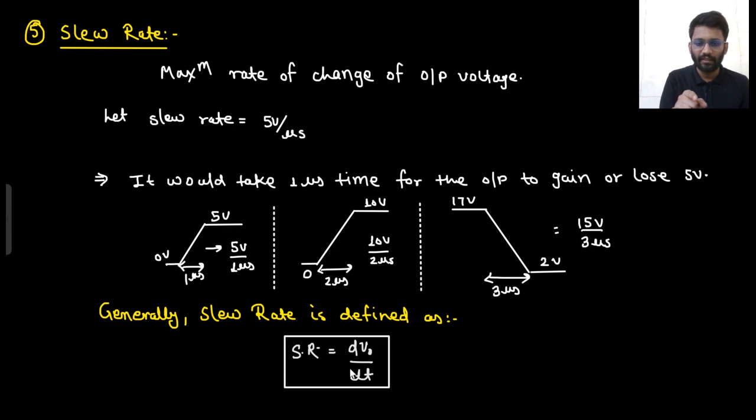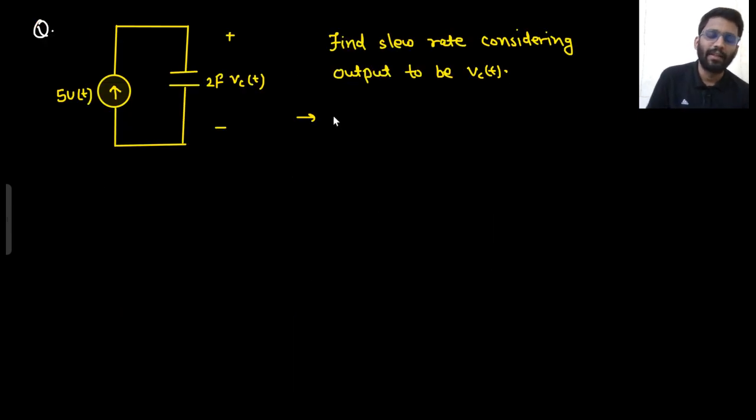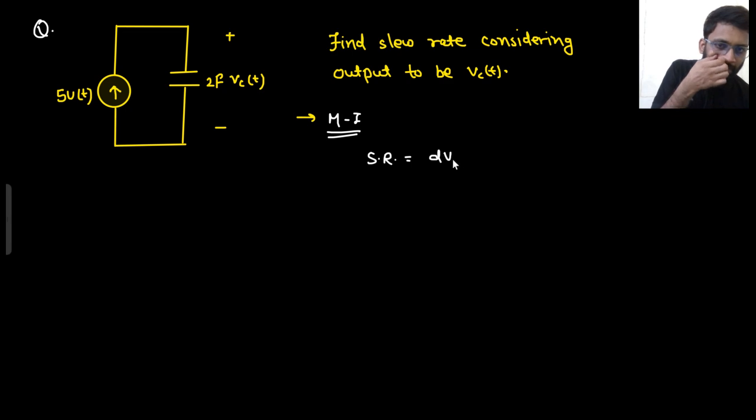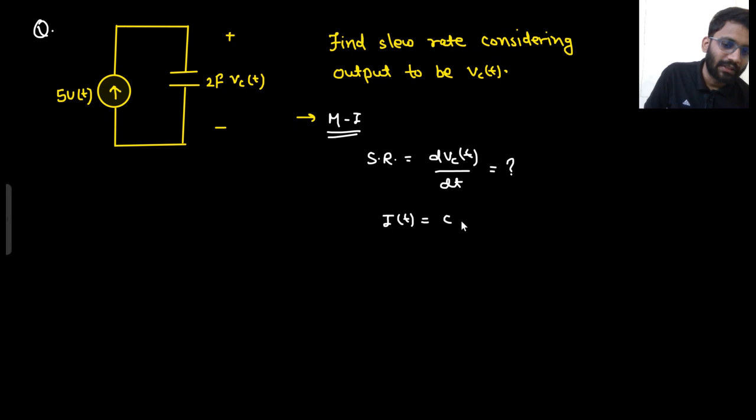The slew rate is dV naught by dt. So let's just see method 1. What is the slew rate? Slew rate is dVct by dt. This is what you need to find, right? What do you know? It is equal to C dVct by dt, right?